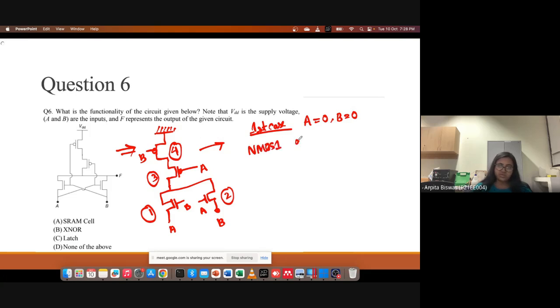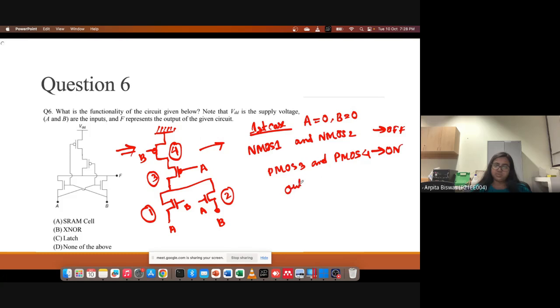NMOS 1 and NMOS 2 off, and PMOS 3 and 4 are in on condition. So what will be the output?